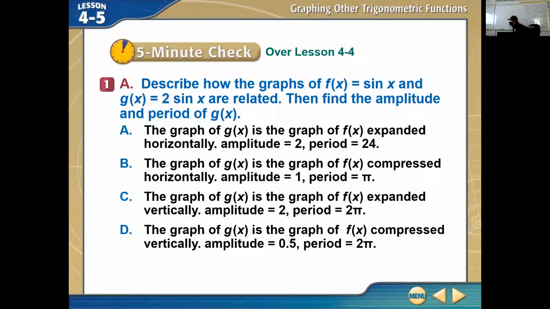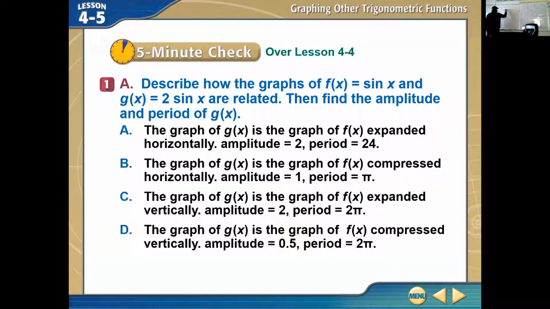First, remember we have our general form, a times the sine of bx minus c, all in parentheses, plus d. So where do we actually have numbers? We have a value of 2 for a, and then it's just sine of x.